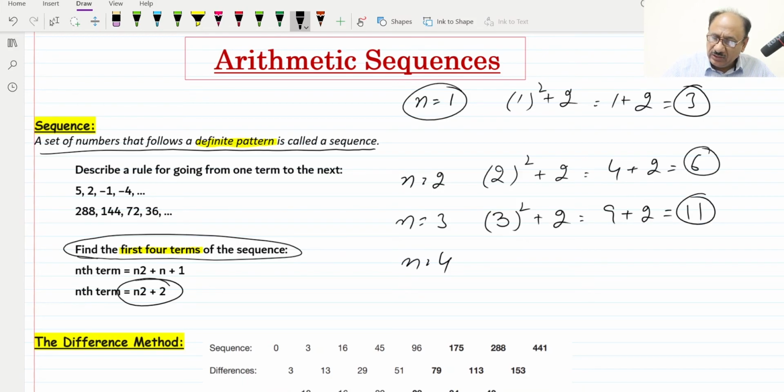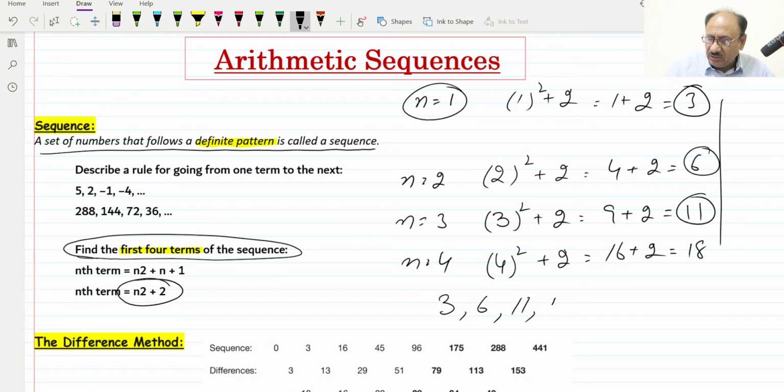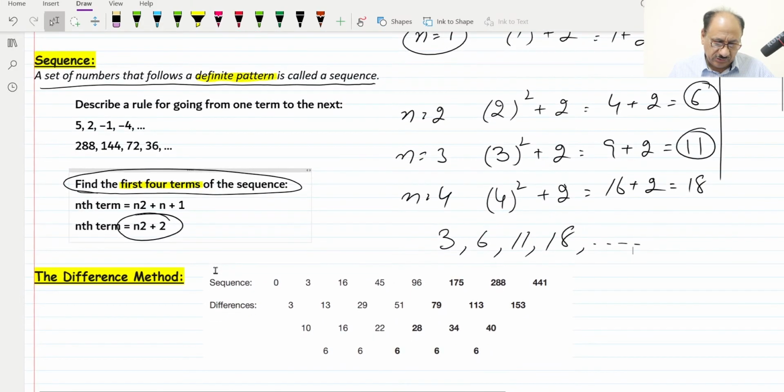So 11 will be the third term. And for fourth term, 4 squared plus 2, which is equal to 16 plus 2, we can write it as 18. So these four will be our sequence's first four terms, and our sequence will be 3, 6, 11, and 18, and so on. So this one is when the nth term is provided, we can write the terms of the sequence.